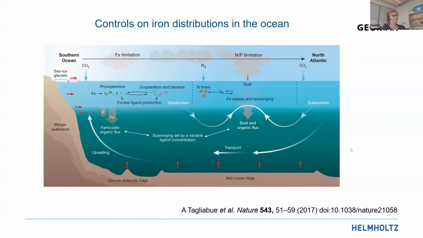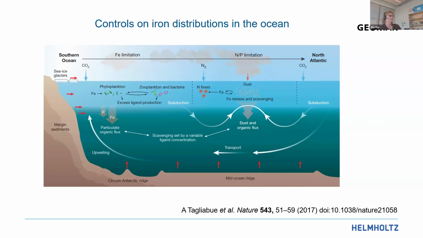So I think I don't really need to emphasize why iron is an interesting element to work on. We need to understand iron because it's a limiting nutrient in the ocean, and so we need to understand what controls iron distributions.